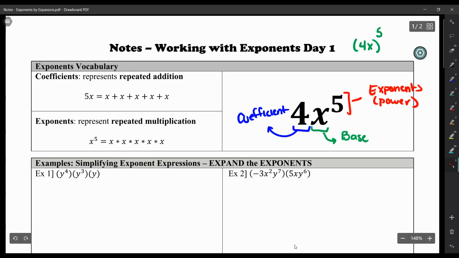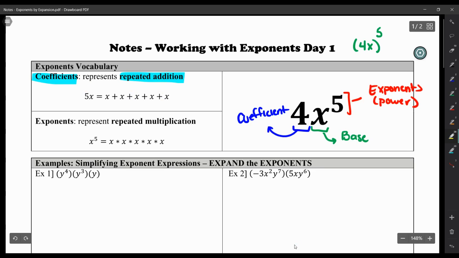One thing we need to clarify before we get started is the difference between coefficients and exponents. Coefficients represent repeated addition, so when you add like terms, you add up the coefficients. So 1, 2, 3, 4, 5 x's, because you are adding all of these x's together. That's what the 5 represents.